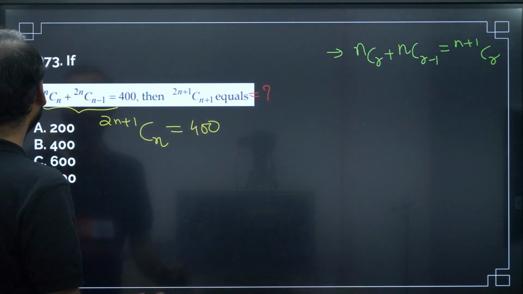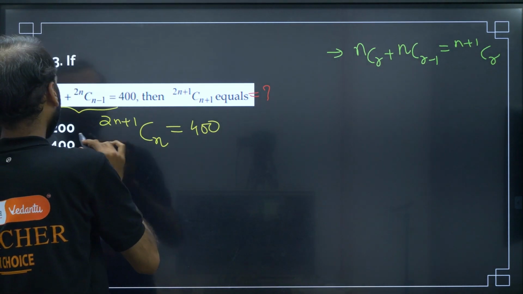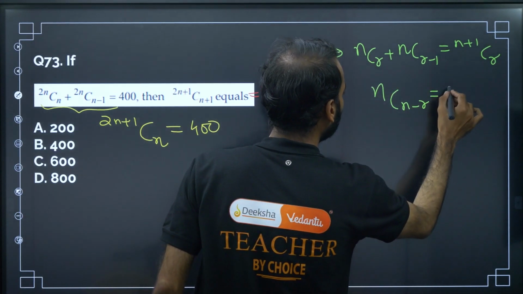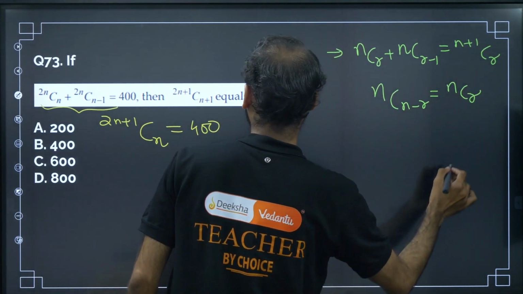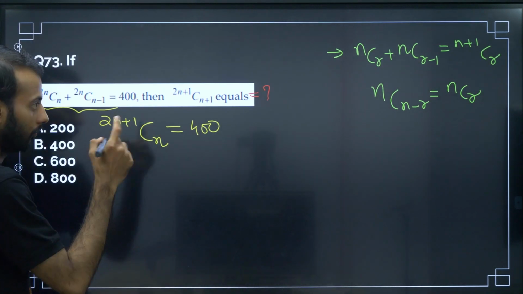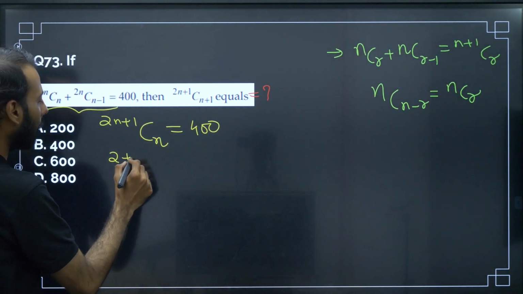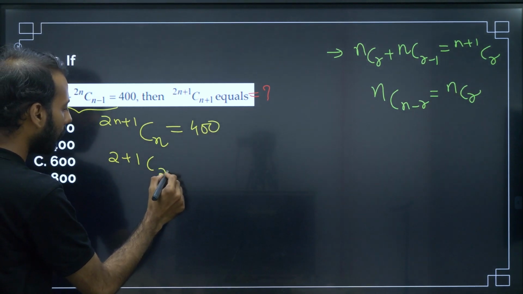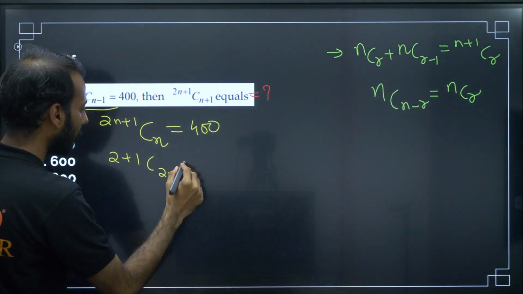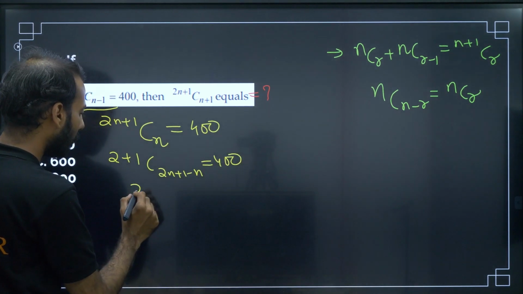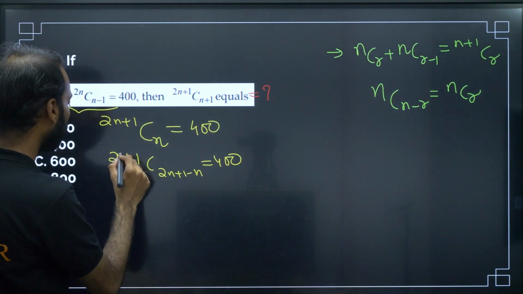Also one more point you should be knowing: nCn minus r is equal to nCr. So this can be written as 2n plus 1 Cn minus r is equal to 400.